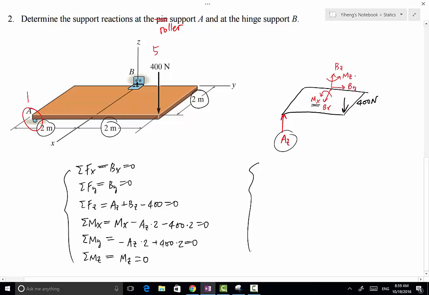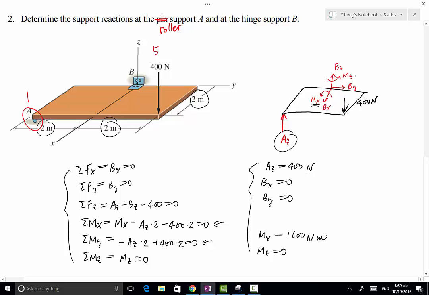We already know that bx and by are both 0. We already know that mz is also 0 from the last equation. So from this equation, we can solve for az, and az simply equals 400 Newton. And then substitute az into this equation, we can solve for mx, and mx equals 1600 Newton meter, or 1.6 kilonewton meter.